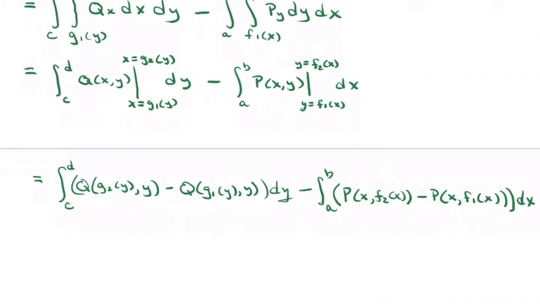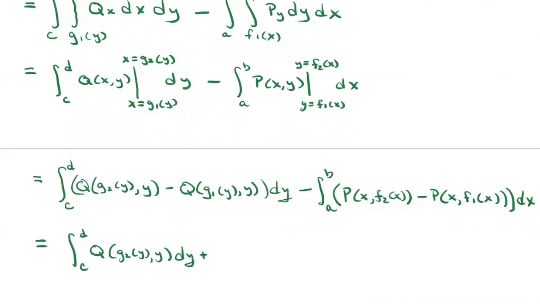Okay, now what I want to do is a little trick or two here. I want to say this is an integral from C to D of Q of G2 of y comma y, dy.